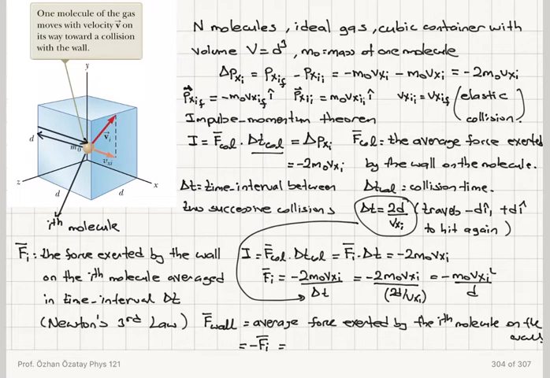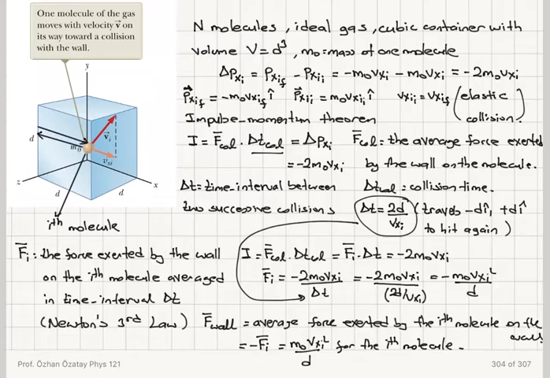So this force will be equal to m0 vxi squared over d for the ith molecule. And it's the same force for each molecule because the molecules are identical. So this will be the same on average.